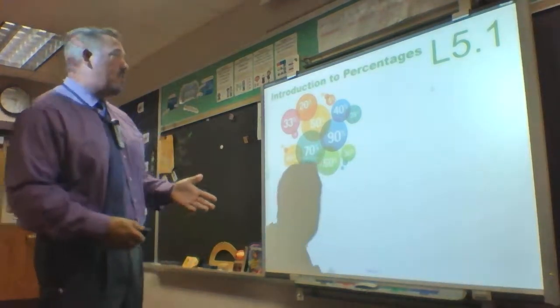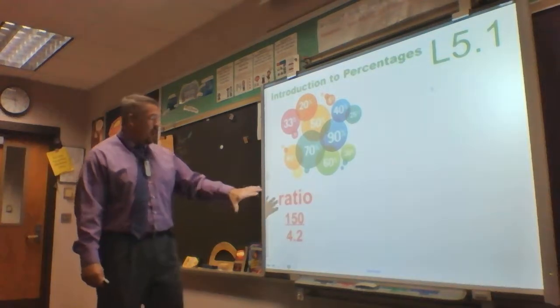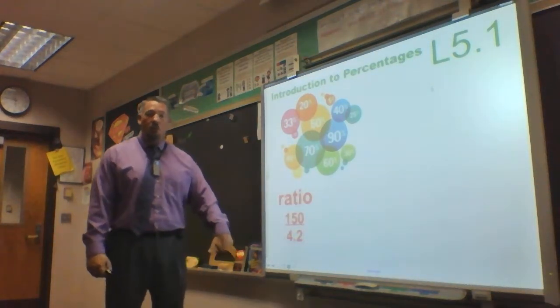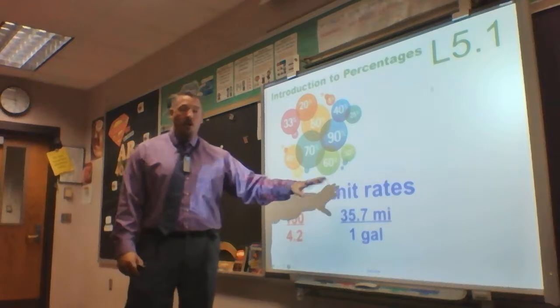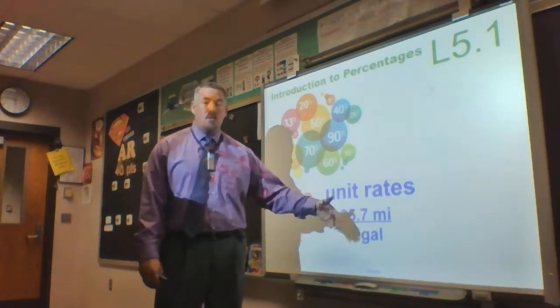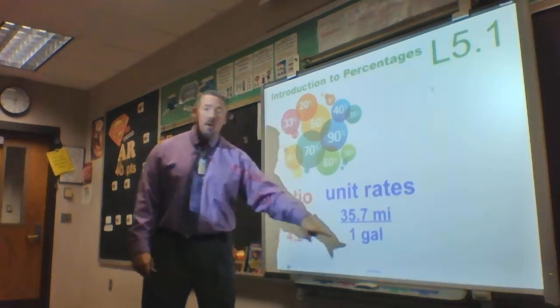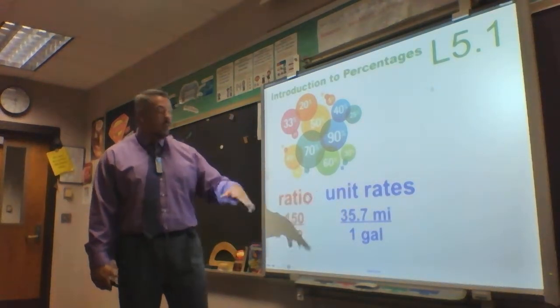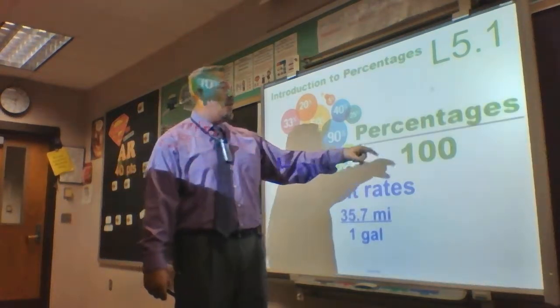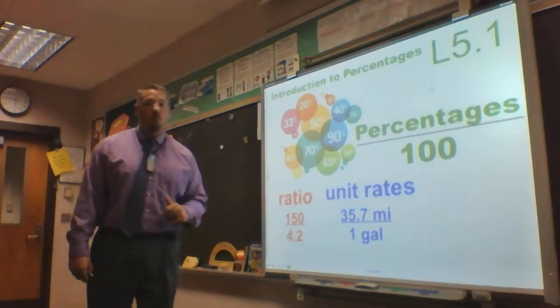I'm going to have to write them as fractions, or I'm going to have to write them as decimals. So when we talk about ratios, we're comparing one number to another. And when we're talking about unit rates, we're talking about one number or one set of things compared to another number, but that number has to be unit rates of 1. Percents is not 1. Percents are out of 100. That's the most important part about percentages.